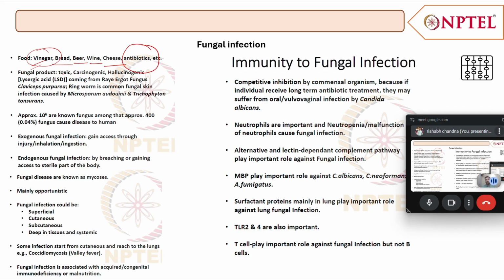The products can be toxic, carcinogenic, hallucinogenic, like lysergic acid, which is used in LSD, coming from the rye ergot fungus, Claviceps purpurea. Then ringworm is a common fungal skin infection that is caused by Microsporum audouinii and Trichophyton tonsurans.